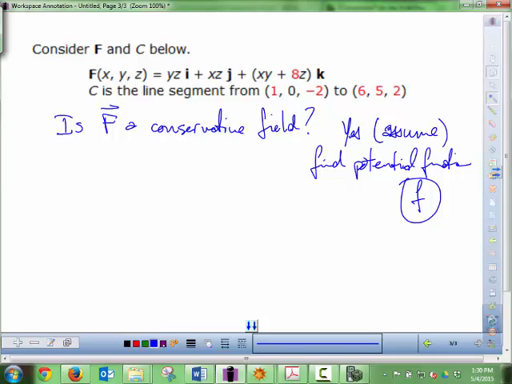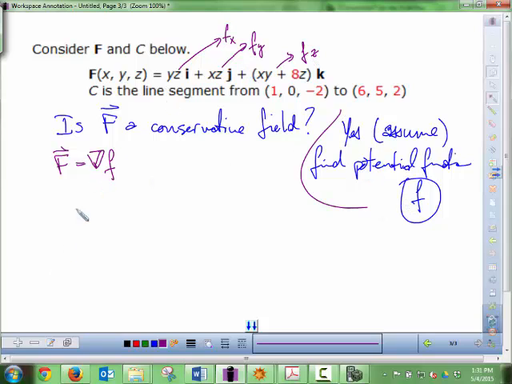And that means that if f is a potential function of capital F, then capital F is equal to the gradient of little f, which means that each of these components must have come from your little f by taking the derivatives. That means the first component must have been the derivative of little f with respect to x. The second component must have been the derivative of little f with respect to y. And then the last component must have been the derivative of little f with respect to z.